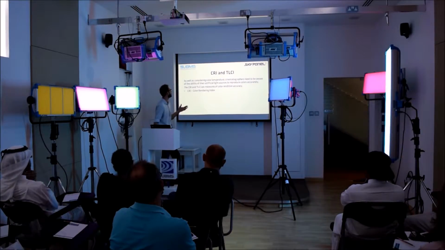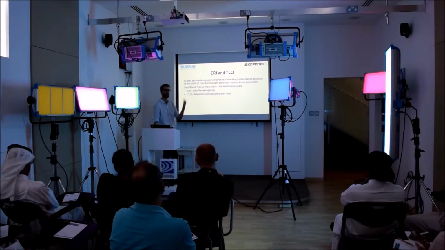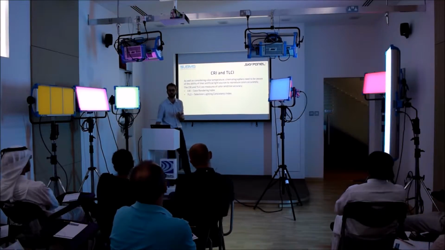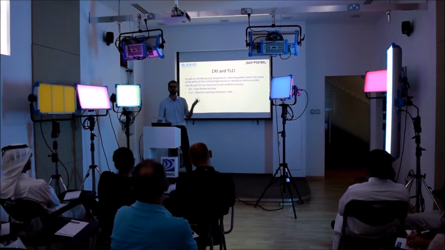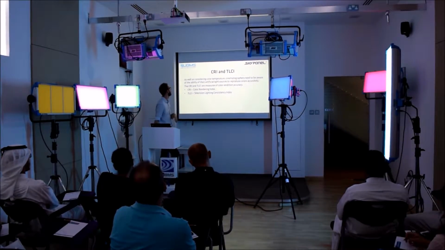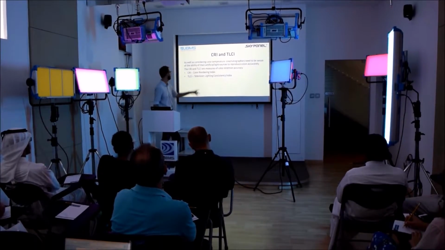CRI stands for Color Rendering Index, and TLCI stands for Television Lighting Consistency Index. Okay, so these are two important things to see, and you will notice these whenever you look at specification sheets in terms of lighting from, not just from ARRI, but from any manufacturer actually. So some of them only give CRI. What you want to really look for is the TLCI.